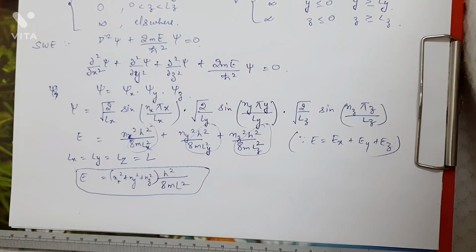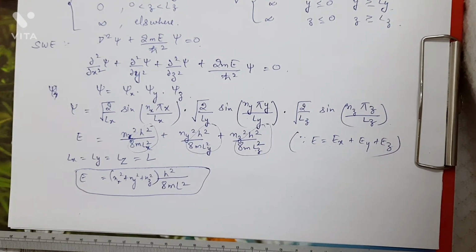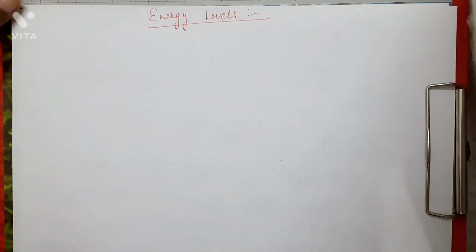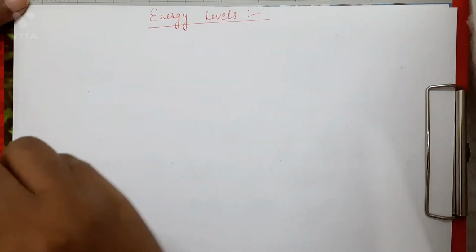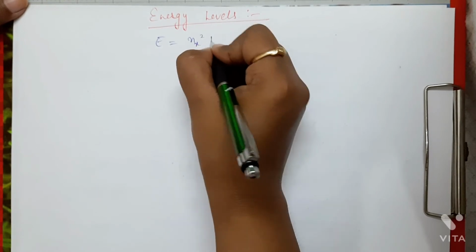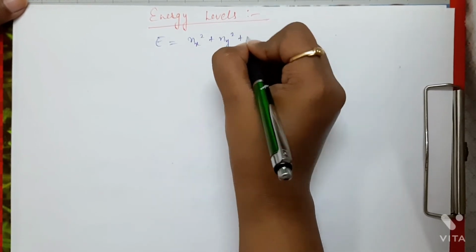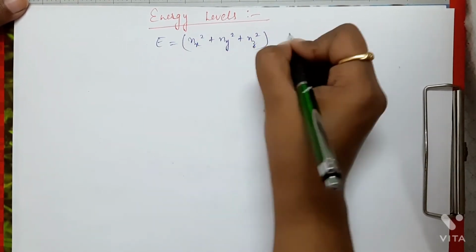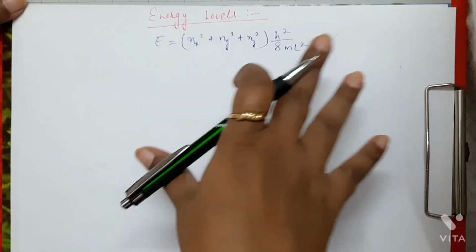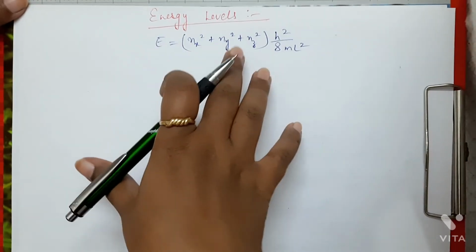So now quickly we'll discuss the energy states. Just like in the case of a particle in a 2D box, we are going to discuss the energy levels in case of a particle in a 3D box. For that we need the formula: nx square plus ny square plus nz square into h square by 8ml square. Now we have to put the values of nx, ny and nz.